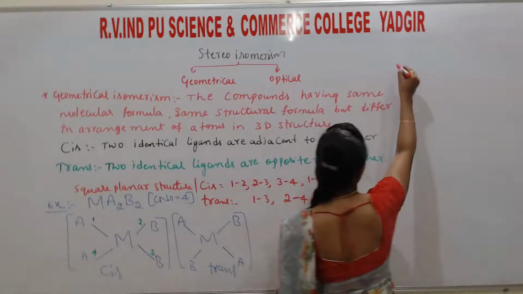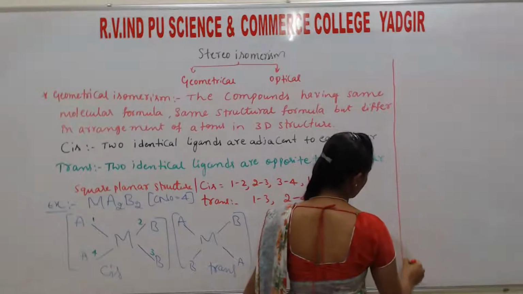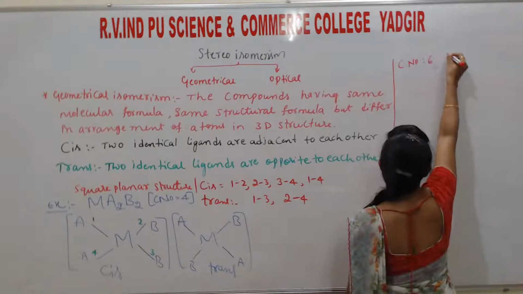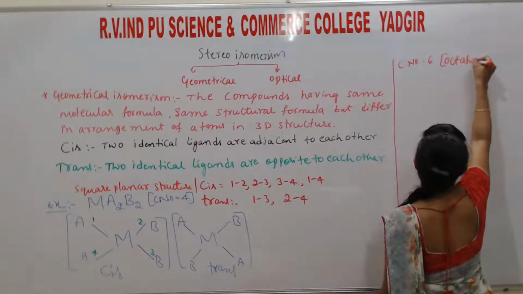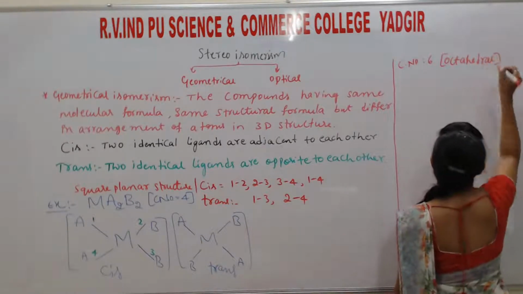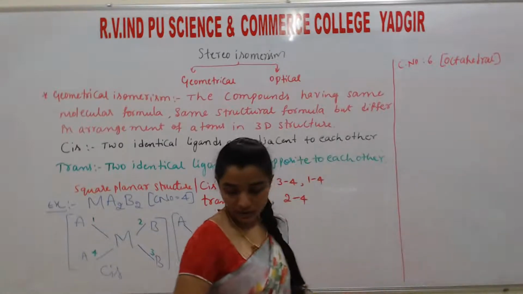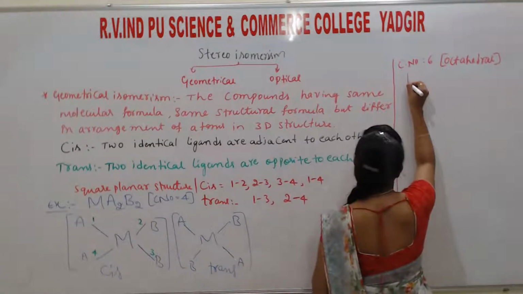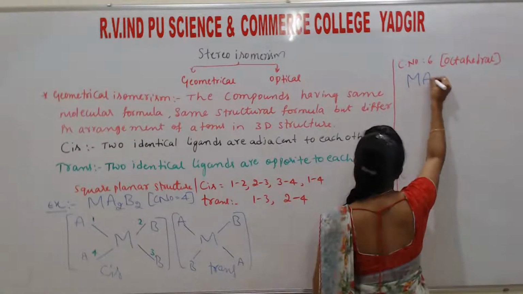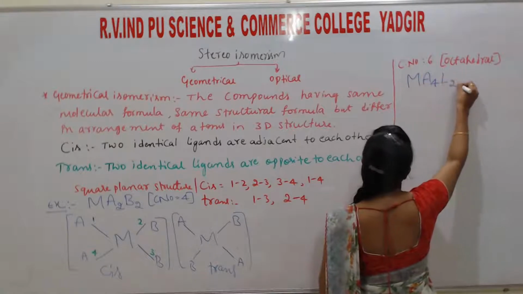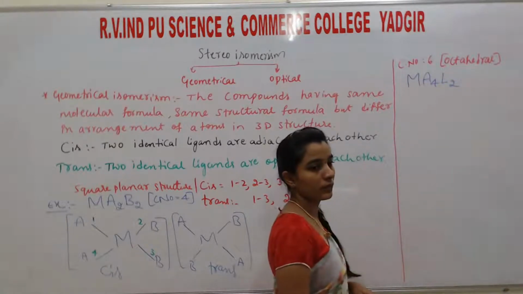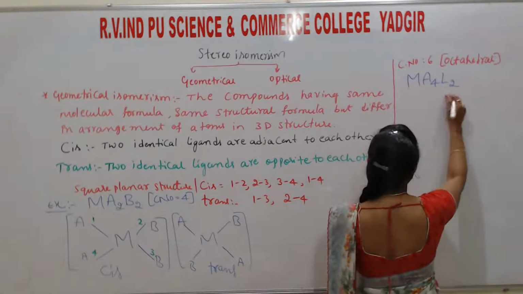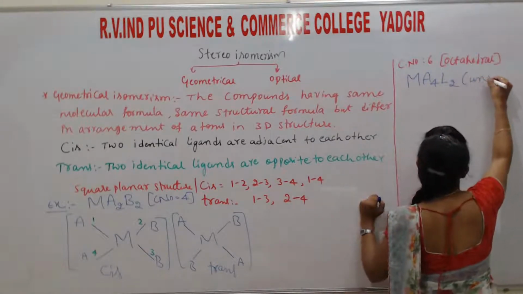So now consider coordination number 6, that is octahedral structure. Here the formula of the compound is MA4L2. So here consider all are unidentate ligands.